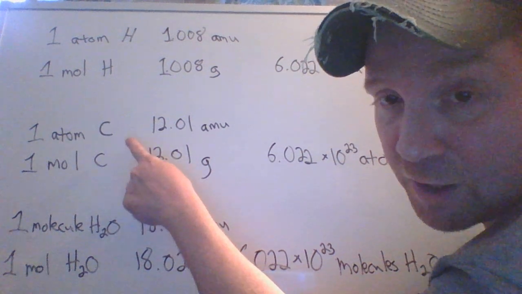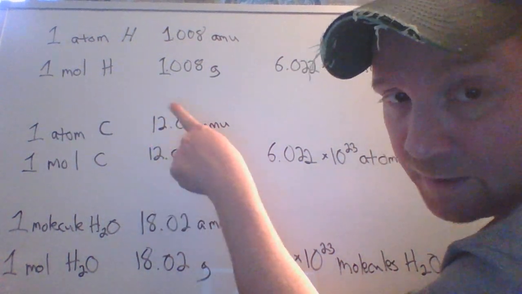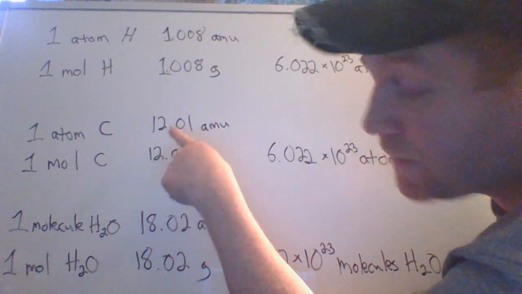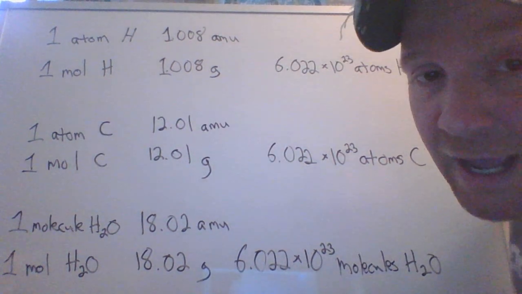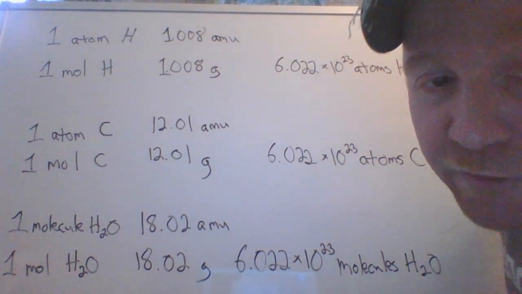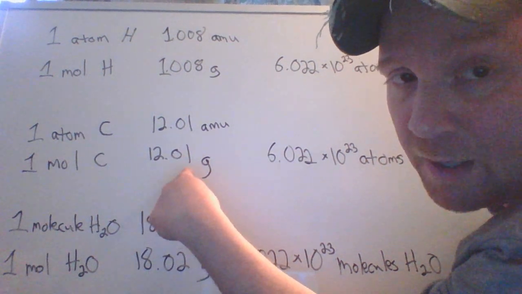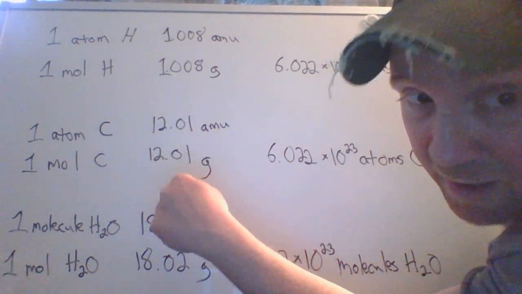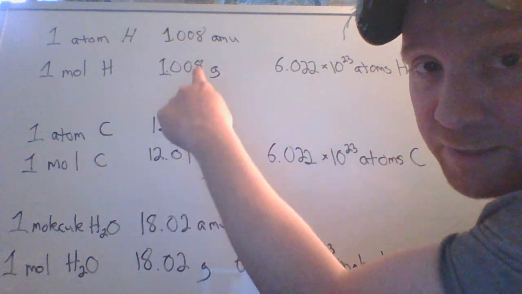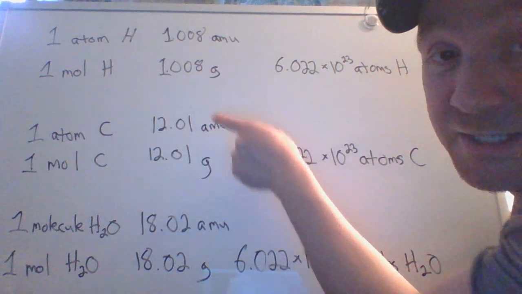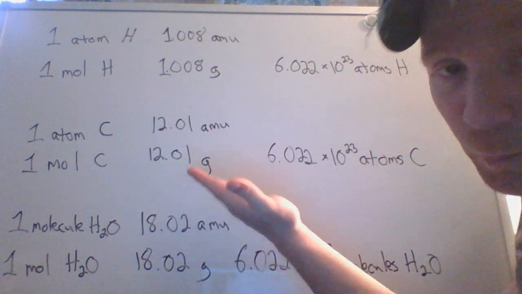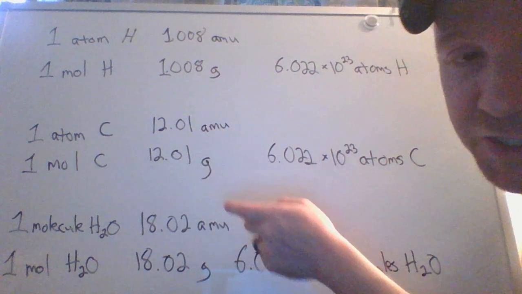One atom of carbon, single element carbon, according to your periodic table, weighs 12.01 AMUs. But what if I had a mole of carbon? It would weigh 12.01 grams. Notice, a lot heavier than hydrogen, but whether it's in AMUs or grams, we know that carbon is heavier than hydrogen.